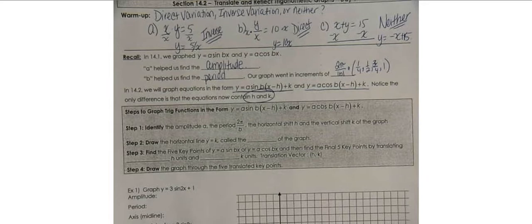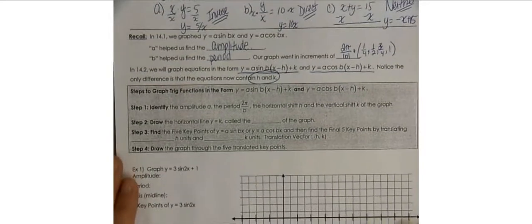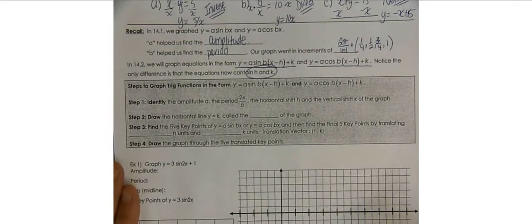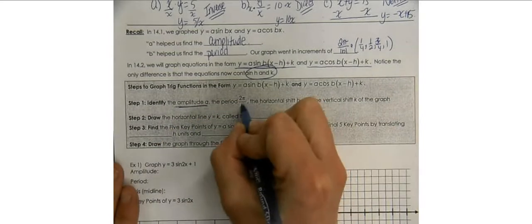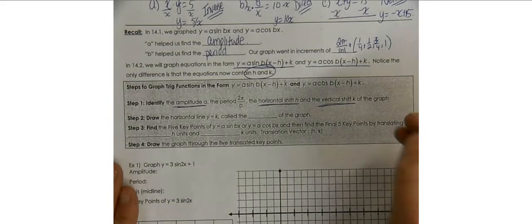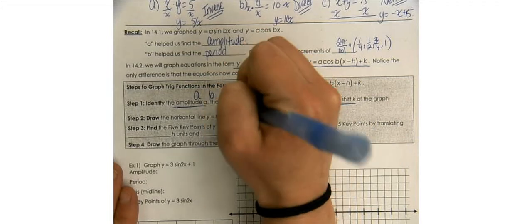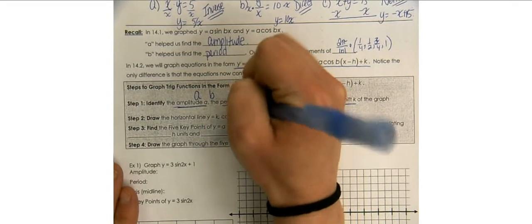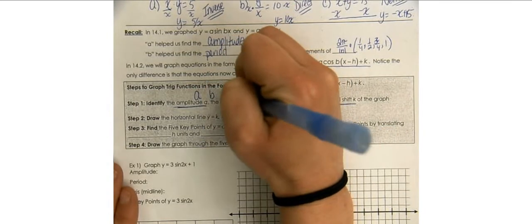So here are some steps in order to graph these types of functions. The first thing you're going to do is identify your amplitude, your period, and then your horizontal shift and your vertical shift of the graph. So essentially, your first steps are to identify a, b, which your period is based off of, h, and k.